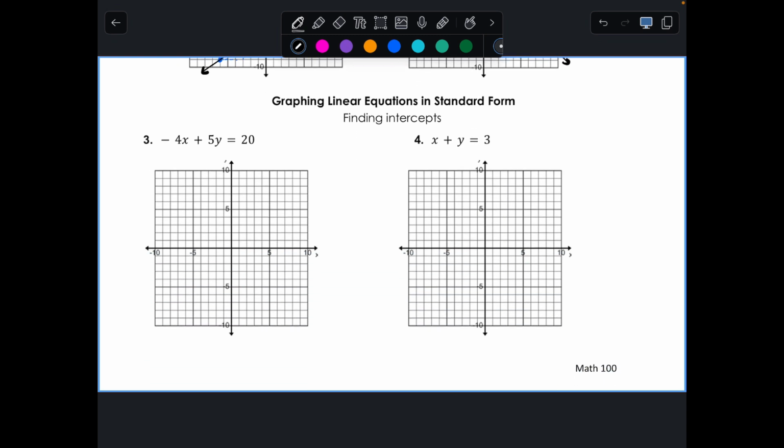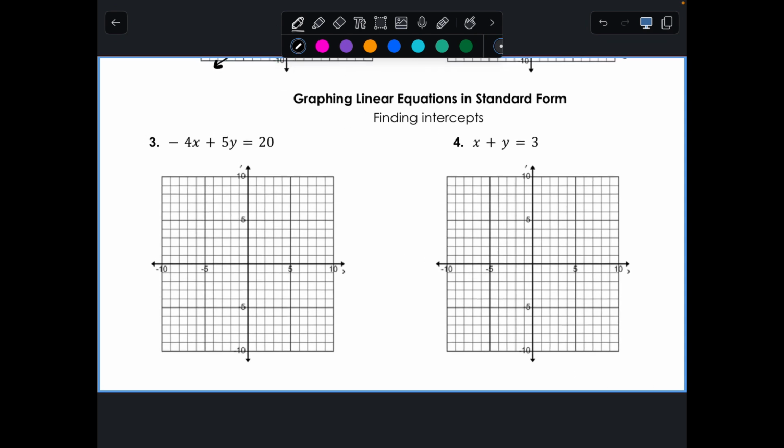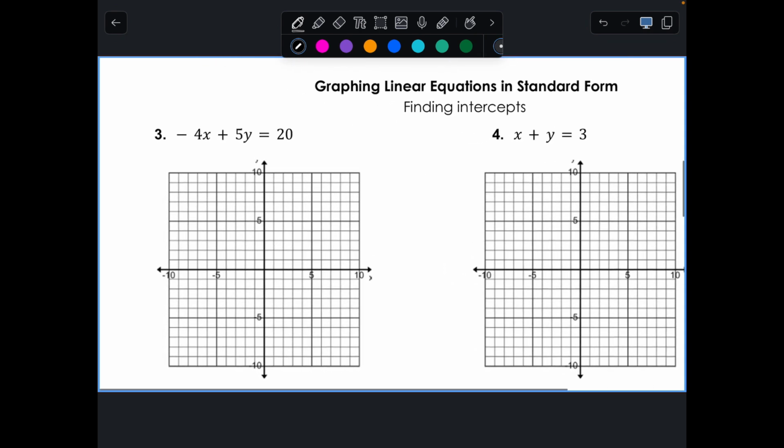There's a few different ways you can graph standard form equations. These are not in the form y equals mx plus b, slope-intercept form. So the first method is finding the intercepts. When you're finding intercepts, you're going to take the x part of the equation and make it equal to 20. So what we're doing actually is we're setting y equal to 0.